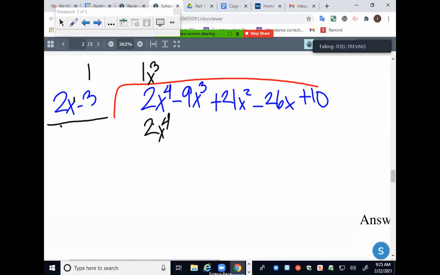And don't forget to multiply the whole denominator. 1 times -3 is -3. My variable and my exponent remain the same. So we're going to subtract these.